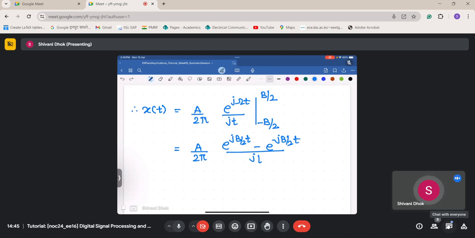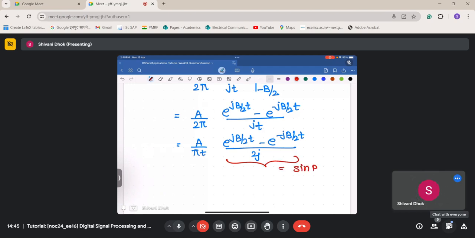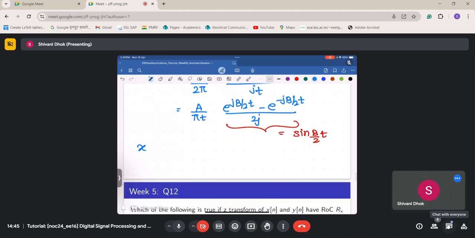I can rearrange it a little bit and write it as a upon pi t multiplied by e power j b by 2 t minus e power minus j b by 2 t upon 2j, and this thing here is equal to sine of b by 2 t. So now this x of t is equal to a upon pi t into sine of b by 2 t.